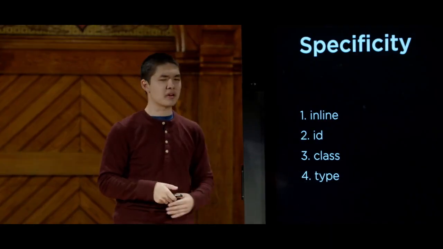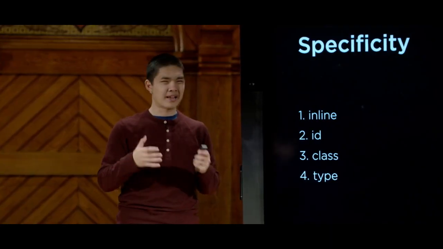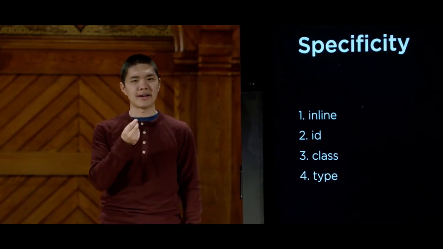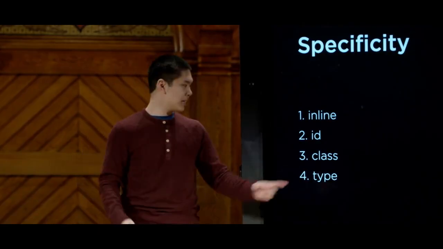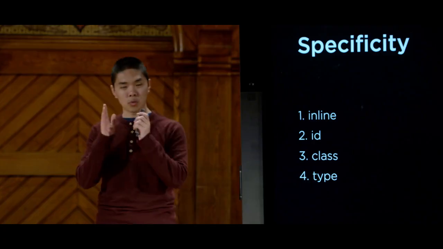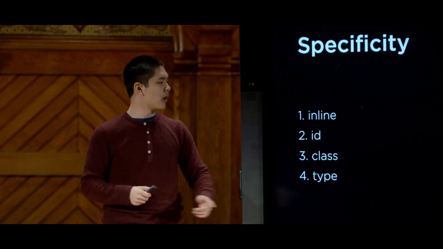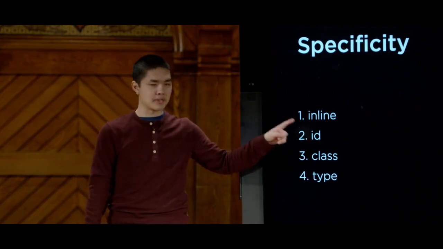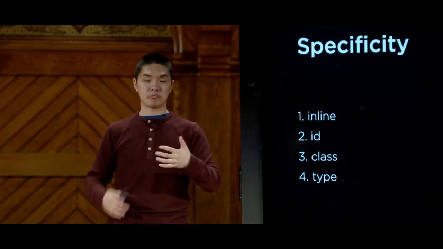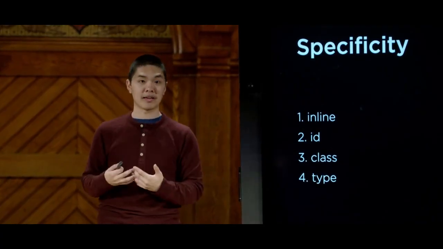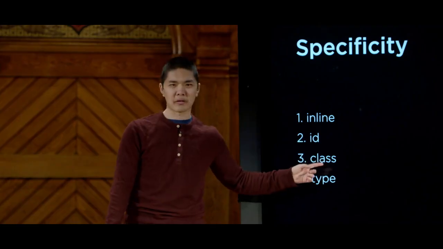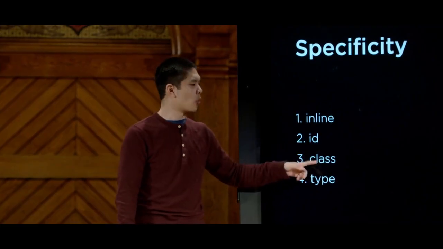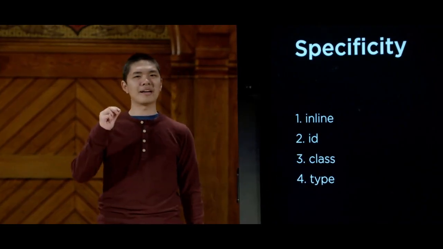After that, specificity goes in order of how precisely we are identifying an element. An ID is a unique way to identify an element. There's only one element with that particular ID. So if I've added style to a particular ID, that is going to be pretty highly valued in terms of how specific it is. Next, we look at classes. So if there's no ID selector, we look for, did we reference the element by its class?